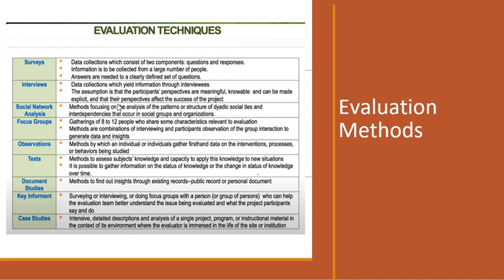Next one is social network analysis. Methods focusing on the analysis of the patterns or structure of dyadic social ties and interdependencies that occur in social groups and organizations. Dyadic social ties can be described as interaction.